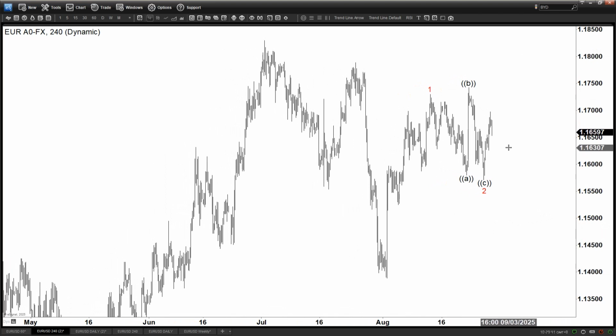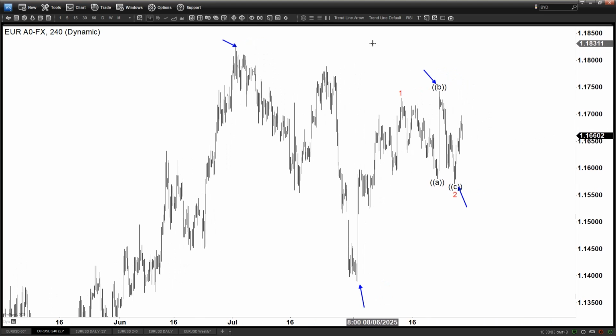But again, confirmation-wise from a technical perspective, breaking above here will confirm this one is in place, meaning it won't do a bigger double correction. Until that happens, from a technical point of view, we can continue to trade in choppy sideways price action.